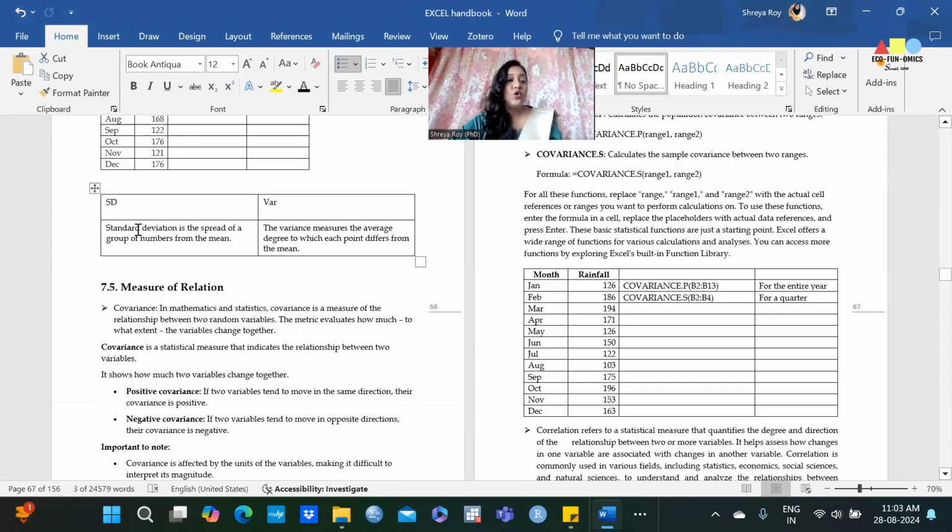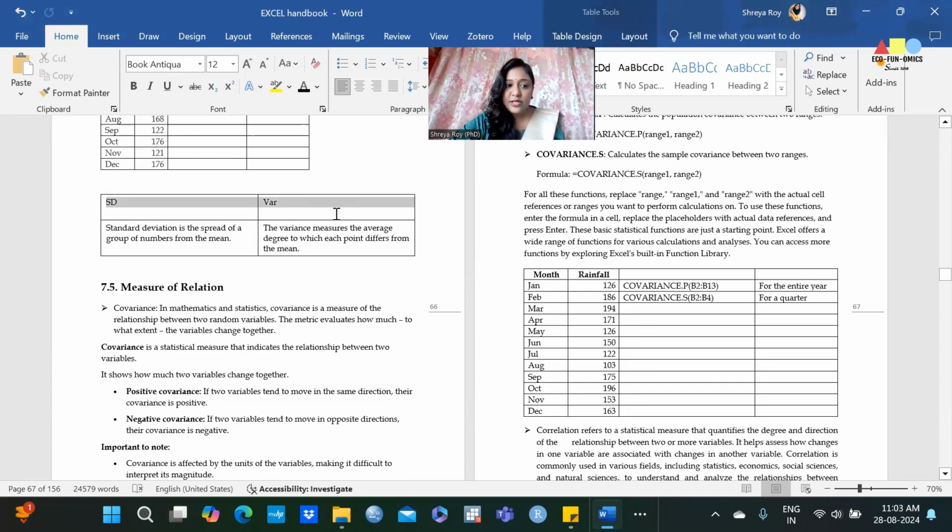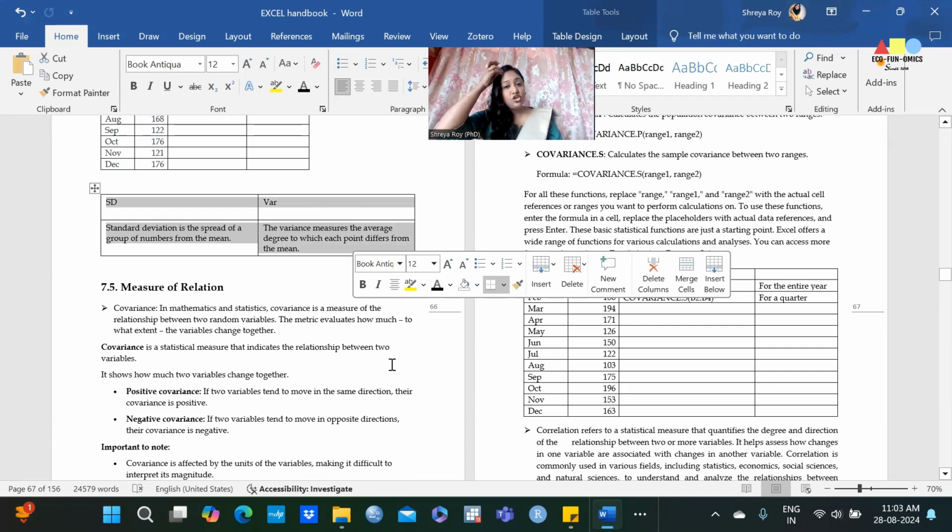Now, let's understand what is the difference between standard deviation and variance. Standard deviation is the spread of a group of numbers from the mean. So the mean is there, and how spread or scattered your other observations are from your mean. On the other hand, variance measures the average degree to which each point differs from the mean.